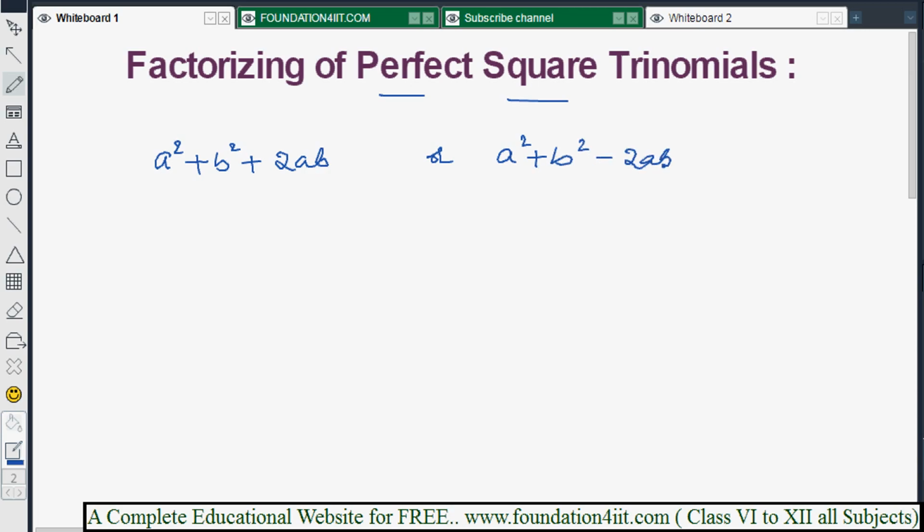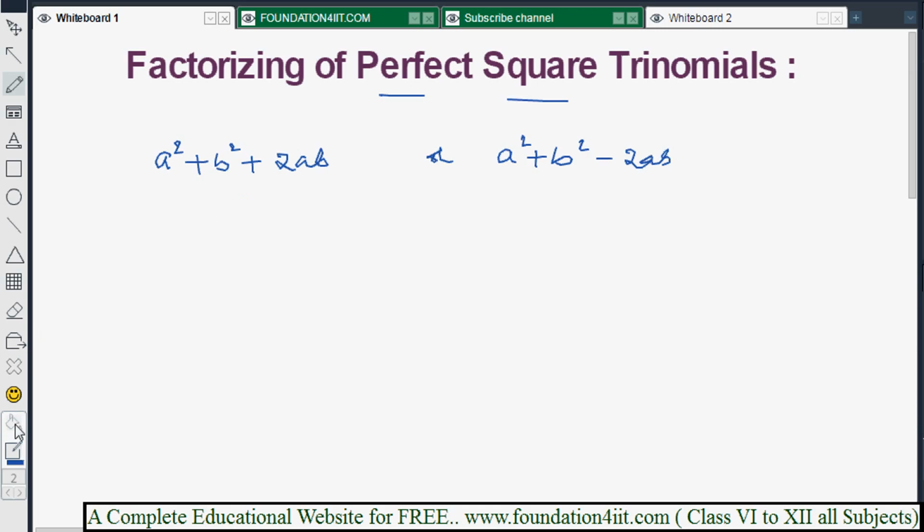Already I explained previous concepts about trinomial and perfect square trinomial. So how to factorize perfect square trinomials, now we'll see. An algebraic expression of either of these two forms can be factorized by using the formula.